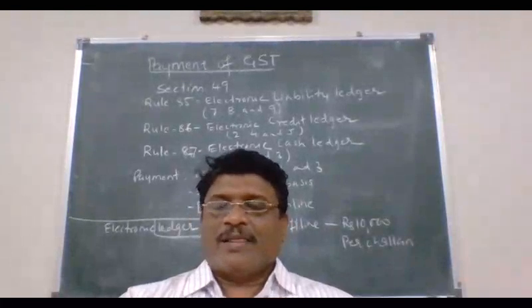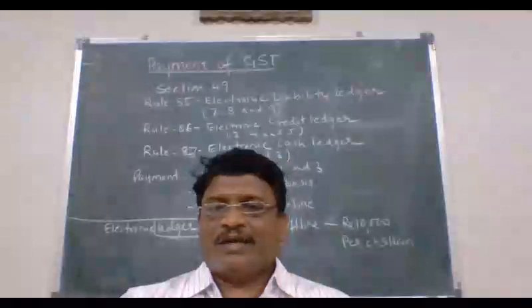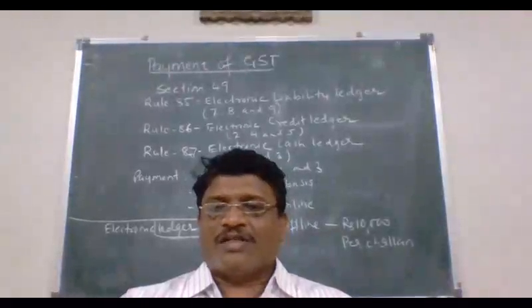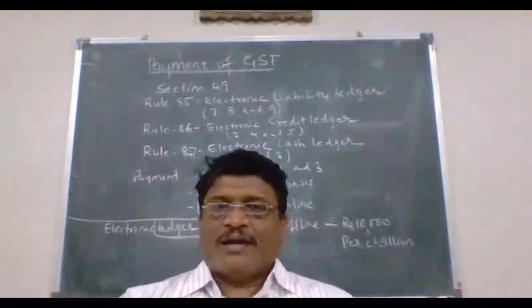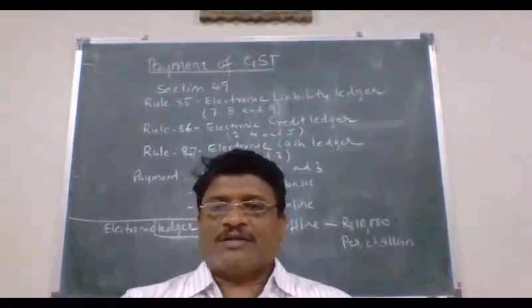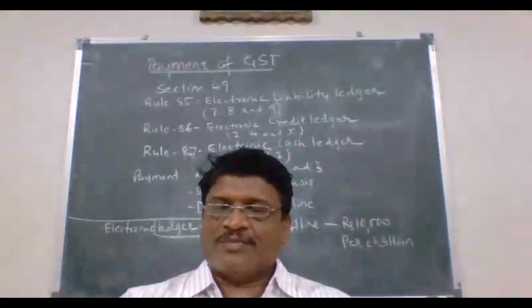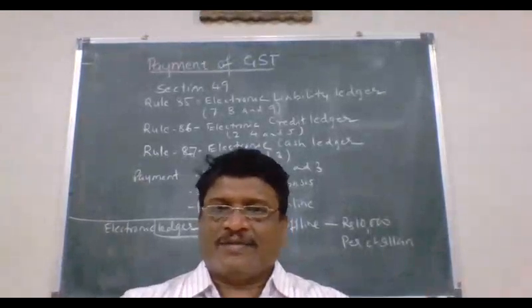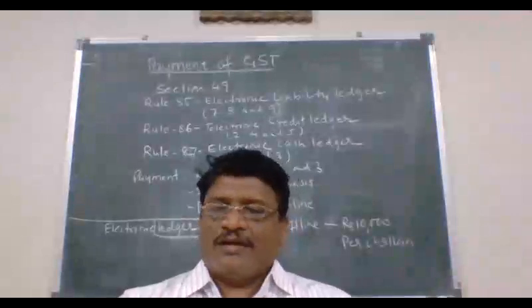Then coming to the next point, again regarding payment. Payment is nothing but the amount paid by the supplier to the government, or the amount deposited by the supplier to the government. And how does he deposit? Based upon his tax liability as per GSTR 1, less input tax credit, that is the net tax liability. Based upon that, he deposits the amount to the government.